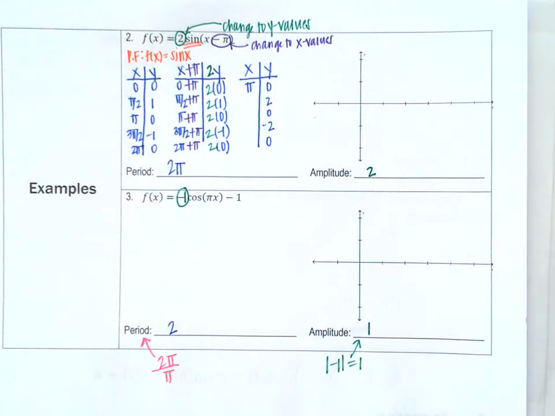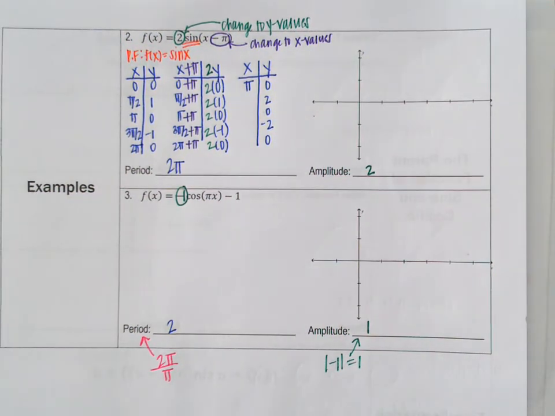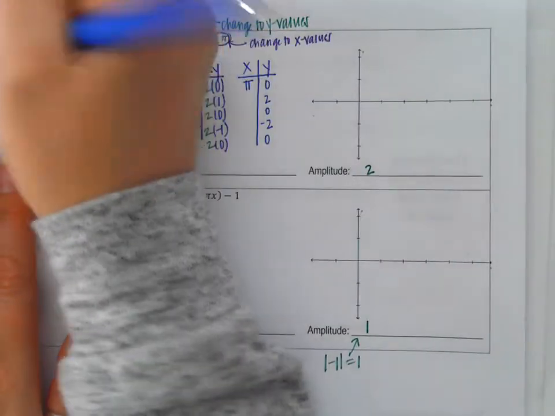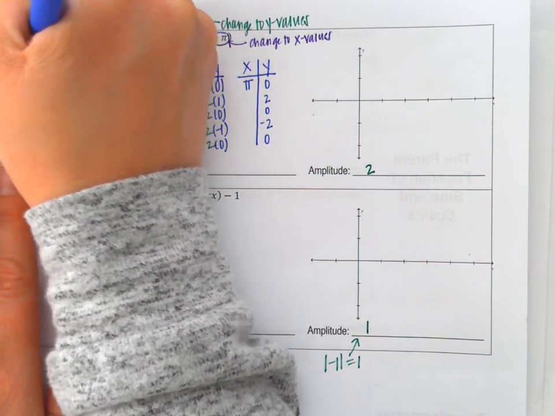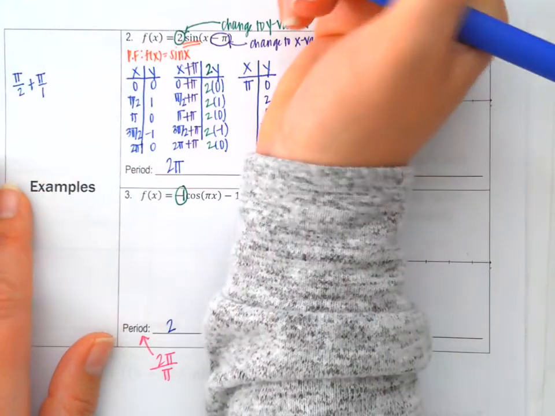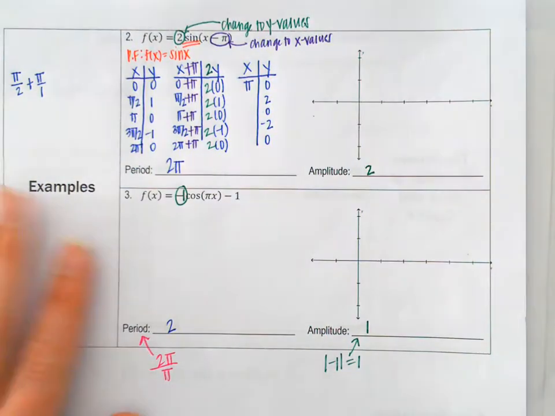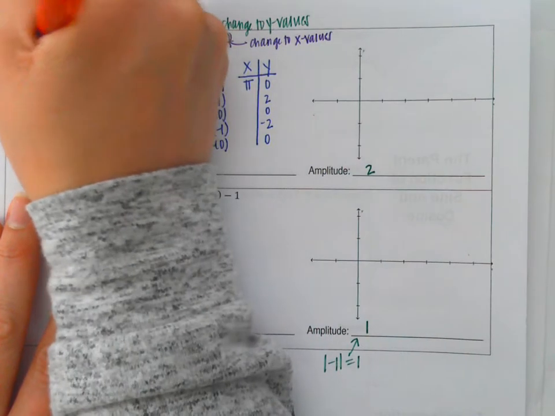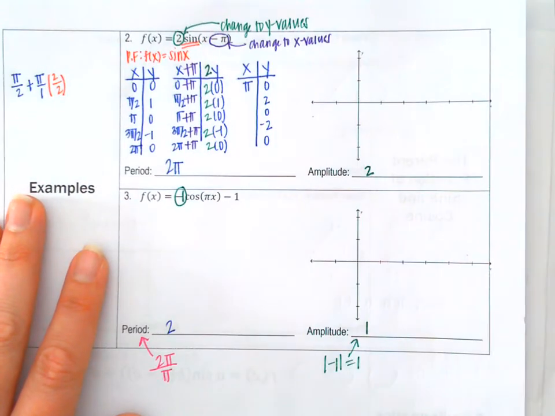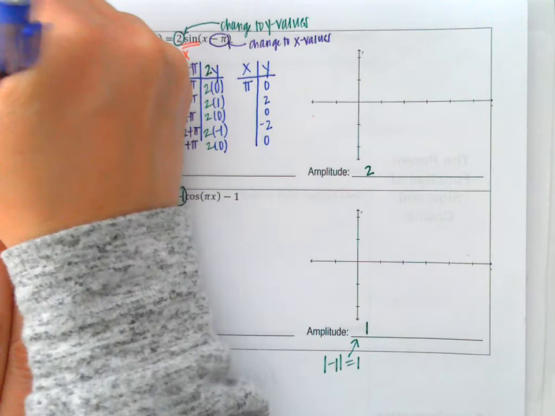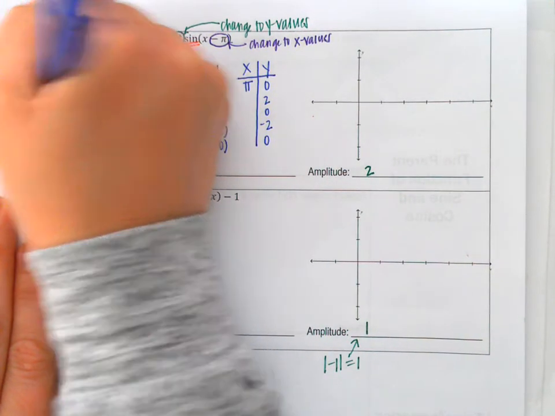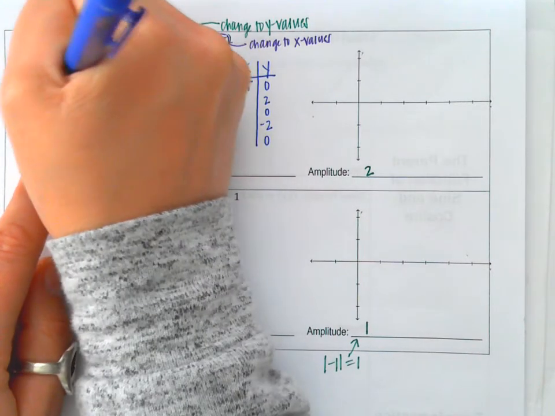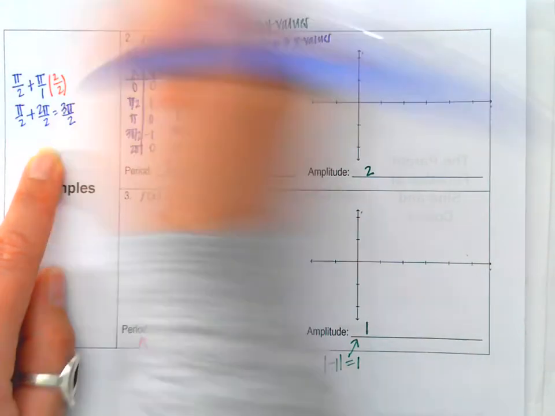But pi over 2 plus pi, now you can do it 2 ways. You can do it by hand: pi over 2 plus pi over 1, get a common denominator, and then add that and get 3 pi over 2.